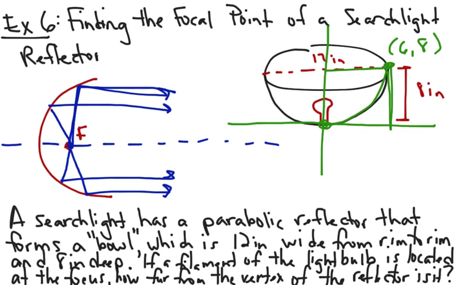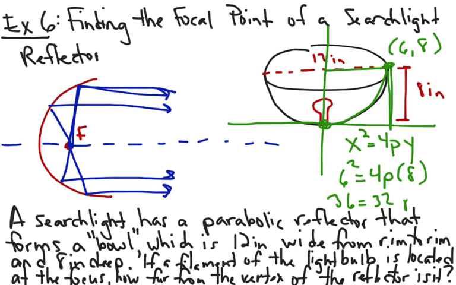Since the parabola opens up, we're going to say the equation of the parabola is x squared is equal to 4py. Well, I have a point on the outside of the parabola. It's 6, 8. So 6 squared is equal to 4 times p times y, where y is 8. So 36 is equal to 32p.